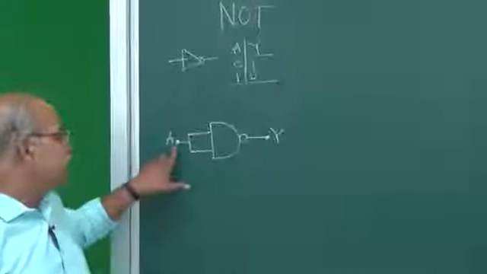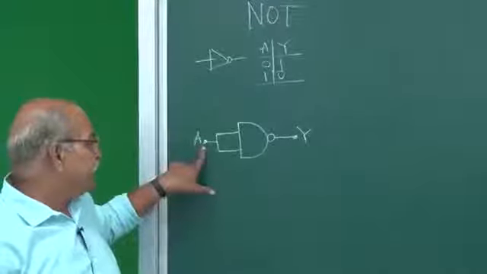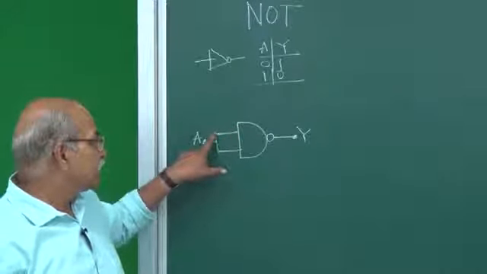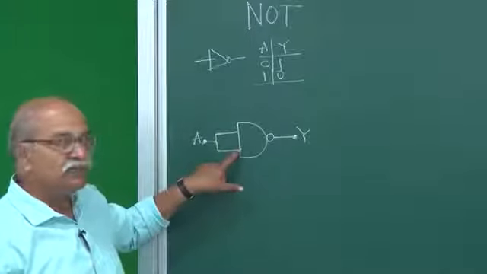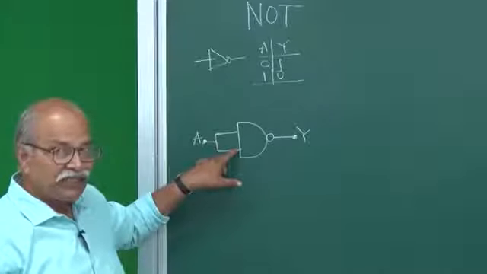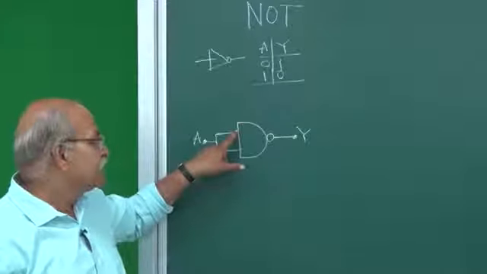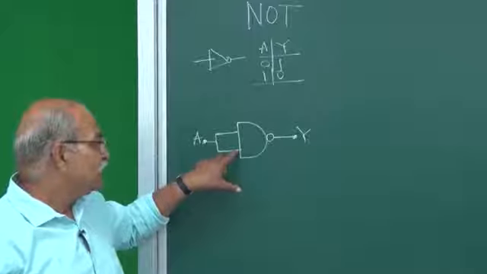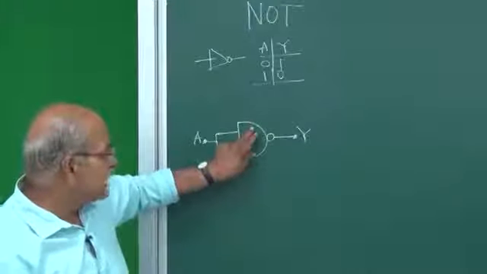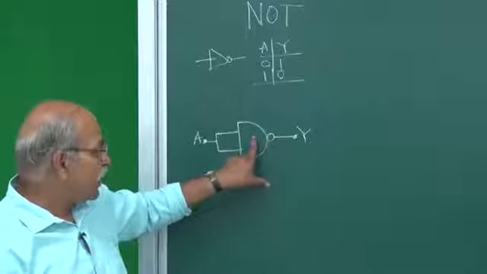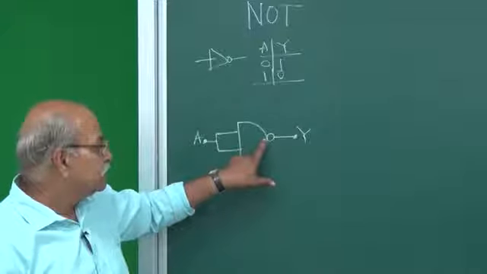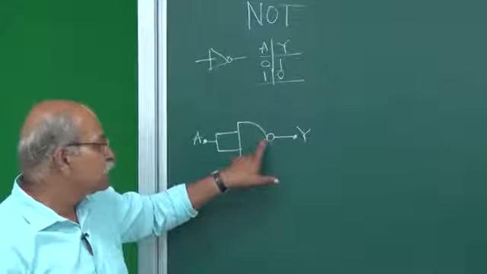So what happens if A is 0? If A is 0, in the first input you are giving 0. In the second input also you are giving 0. So 0 0 AND operation, 0 0 will give me an output of AND as 0. So you can think of this as AND and then this is NOT. So AND will give you an output 0, and then the NOT will convert that 0 to 1.